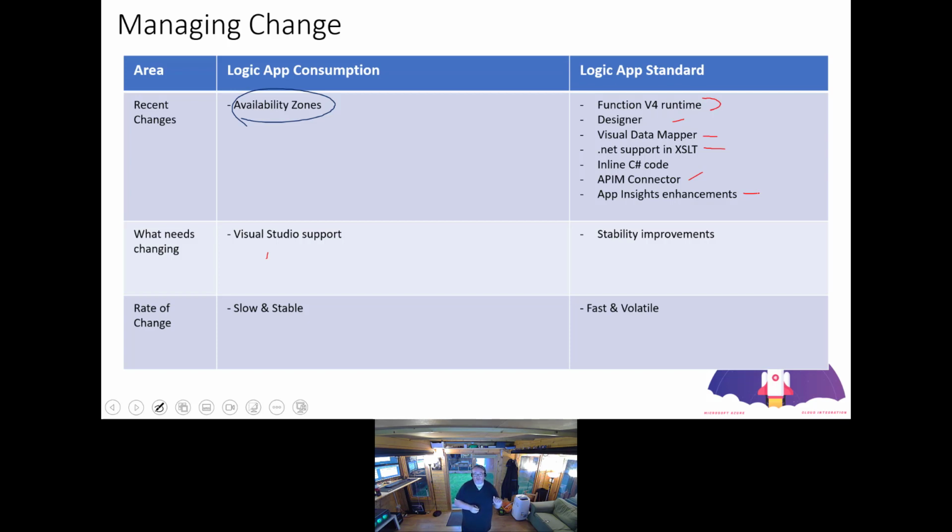Now, in terms of what needs changing, we've mentioned multiple times for consumption, the thing we really want is the Visual Studio support to just be better, fix the performance issues, make it really productive, bring it up to the latest version. Logic Apps Standard, I would argue that it's the balance between innovation and stability.